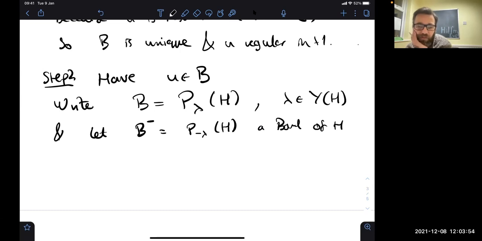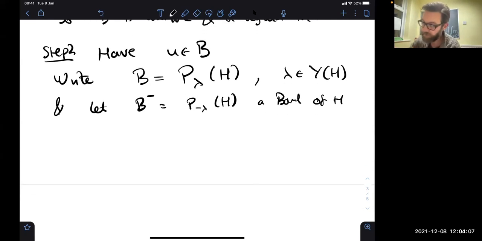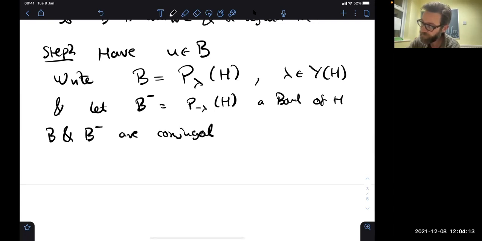Okay, so the two Borel subgroups B and B minus are conjugate to each other. That's always true. Borel subgroups are always conjugate to each other in an algebraic group. So I'm going to conjugate one to the other. Okay, so B and B minus conjugate, say by some x.